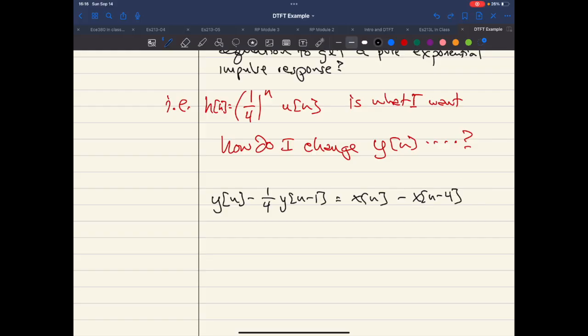So what we can do, if we wanted to get a pure exponential impulse response out of this thing, we could just get rid of this. And this new difference equation would do that for us.